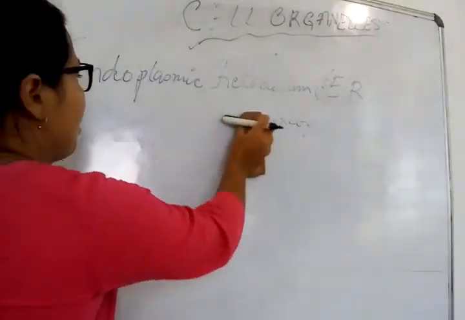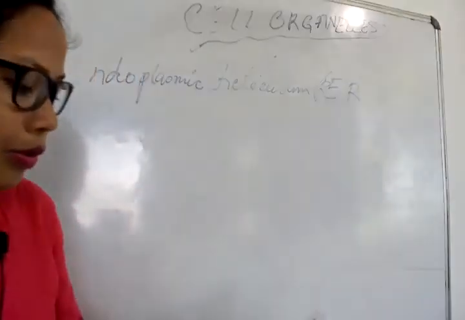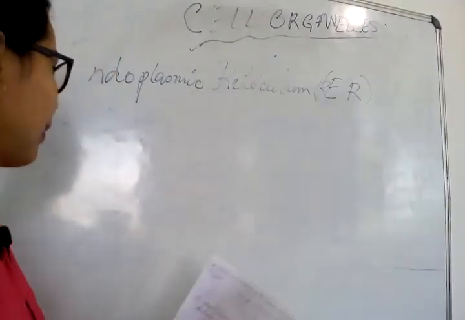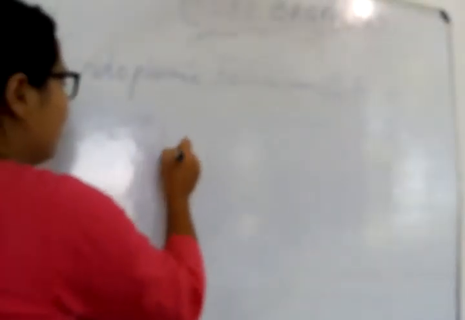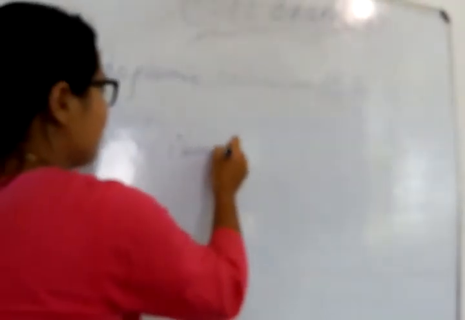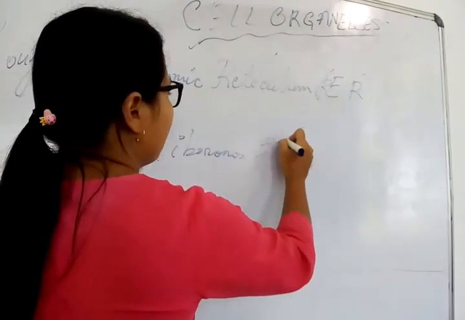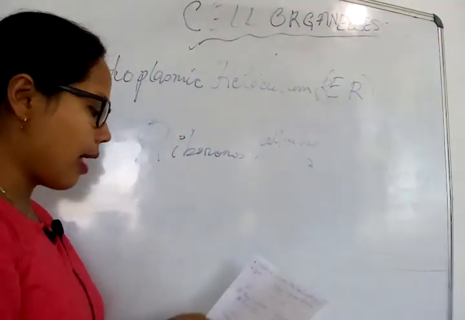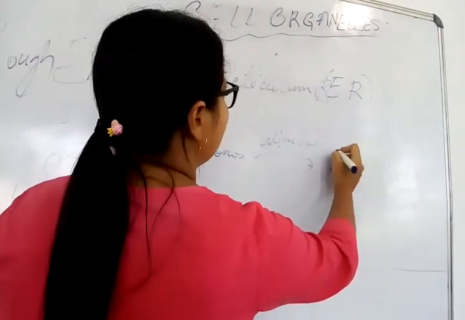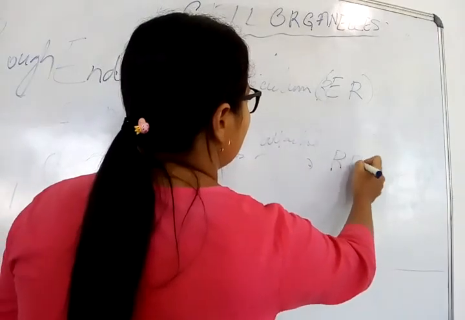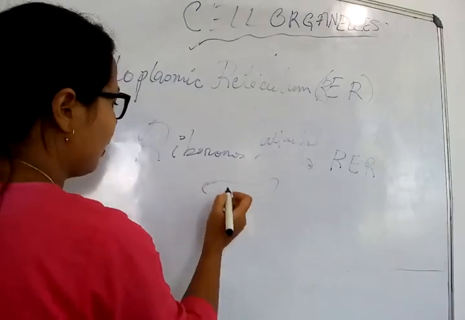And next, let's see. Particles called ribosomes attach to its surface. Ribosomes are attached to where? To the rough endoplasmic reticulum. For example, let me draw a graphic.